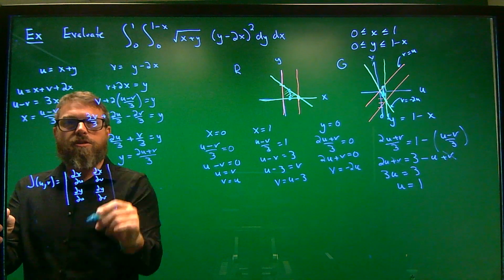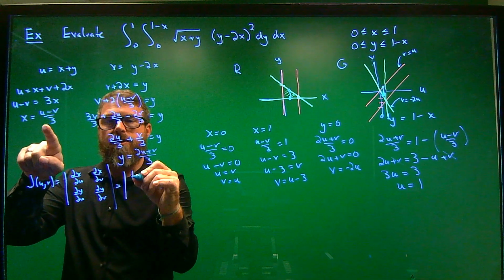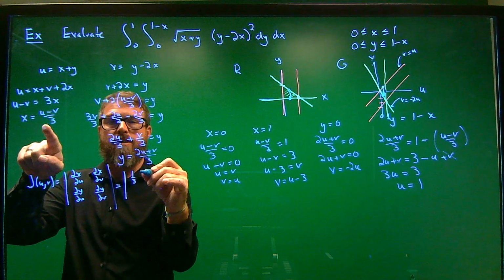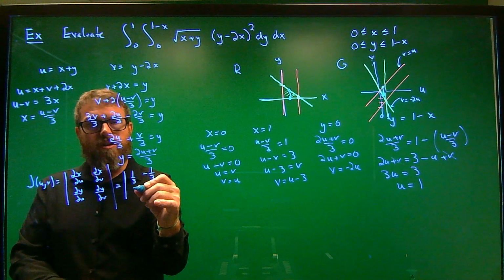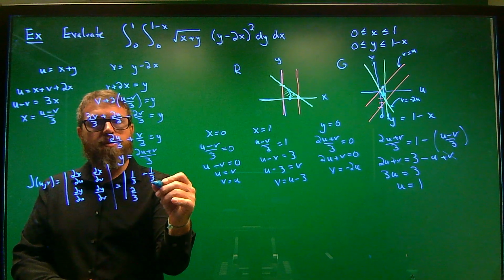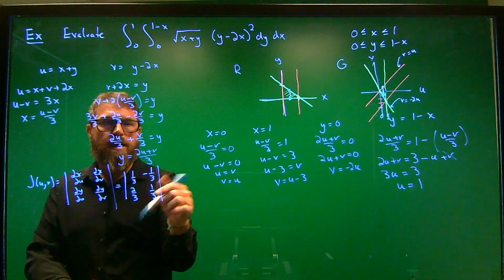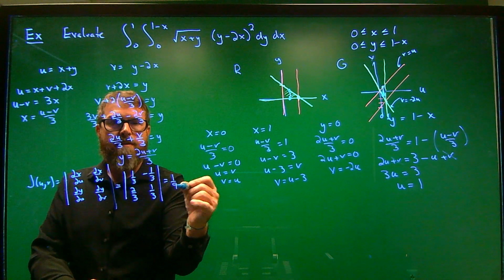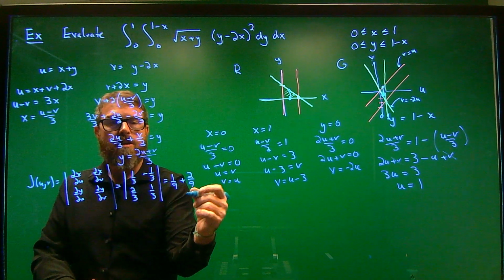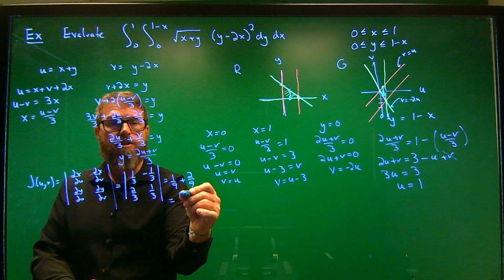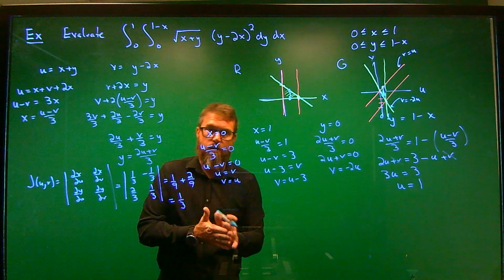The derivative of x with respect to u is a third, with respect to v is negative a third. For y, the derivative with respect to u is 2/3, with respect to v is 1/3. So multiplying these diagonals, 1/3 times 1/3 is 1/9, minus a minus, so plus 2/9. This is equal to 3/9, or a third. Now we still have to take its magnitude, but the absolute value of a third is still a third.